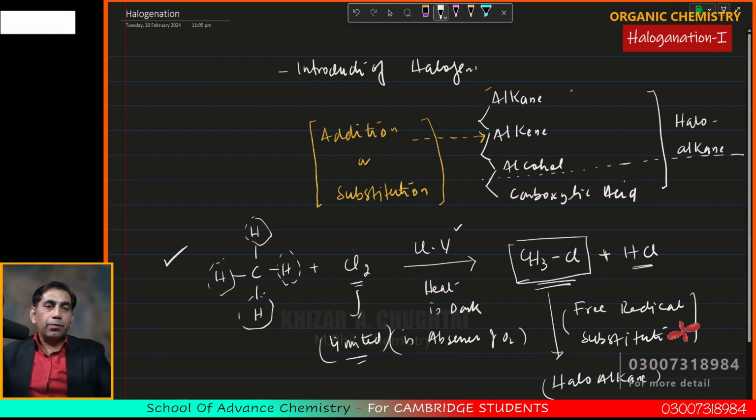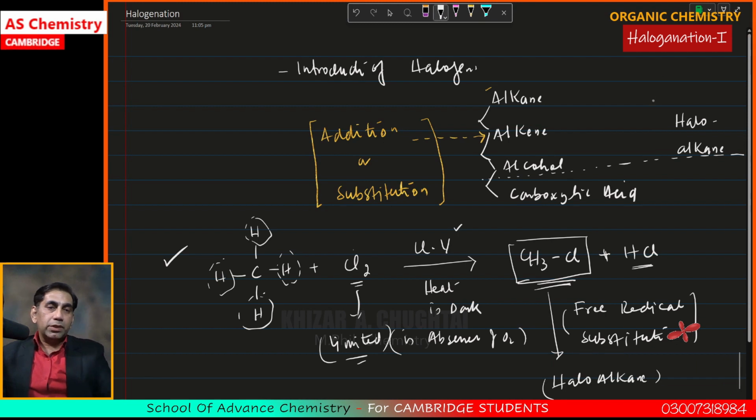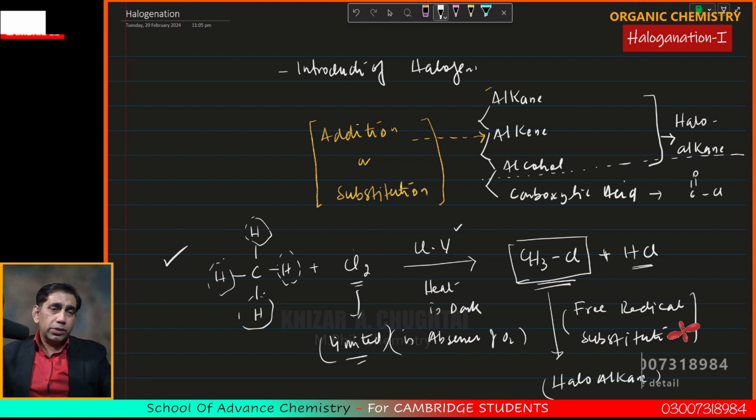So these three compounds can be changed into haloalkane. And this is changed into acyl chloride, that is the C double bond O Cl group.